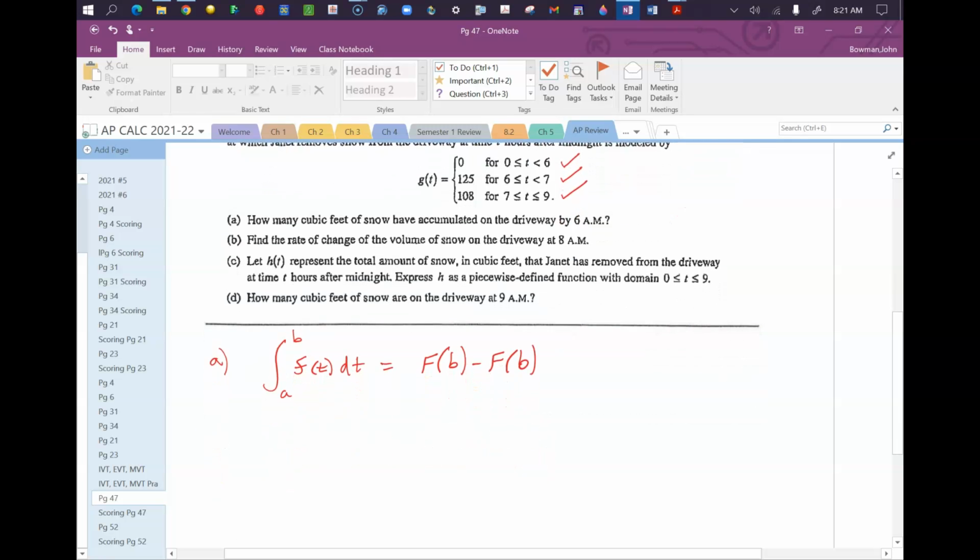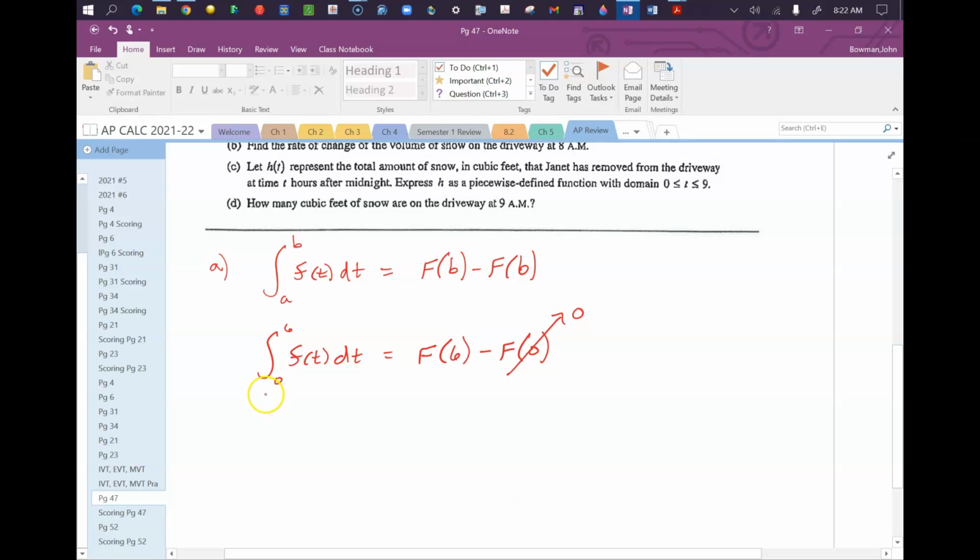And we want to put times of 0 and 6 a.m. in. So the integral from 0 to 6 a.m. of f of t dt is going to be the amount of snow at 6 a.m. minus the amount of snow at midnight. But we know the amount of snow at midnight is 0.